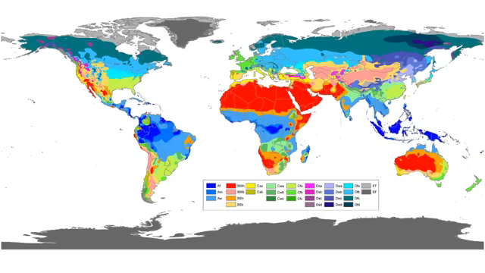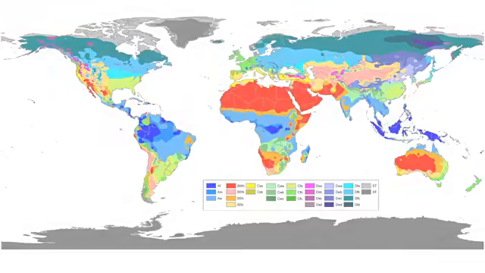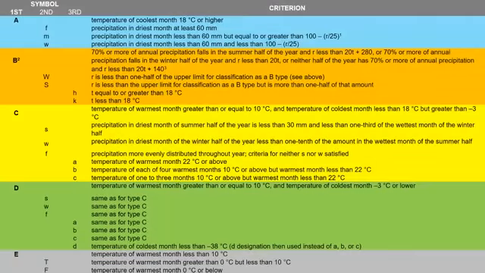In this map, they are the gray ones, so the north and south poles. Okay, so I understand it's very confusing. So just to show you how it's classified. Okay, so this is just to show you how Köppen classified type A to E climates.